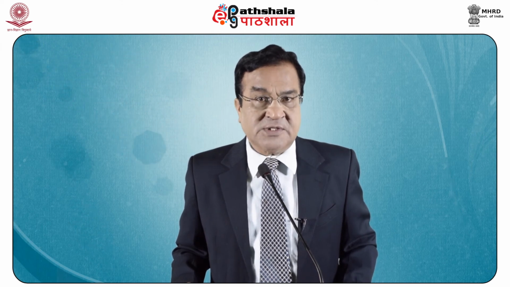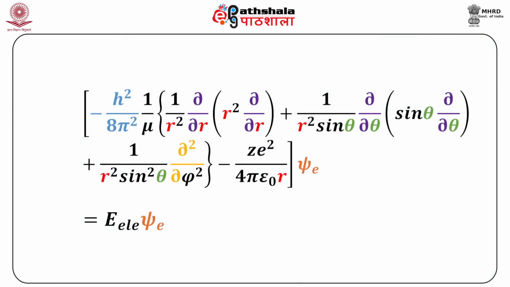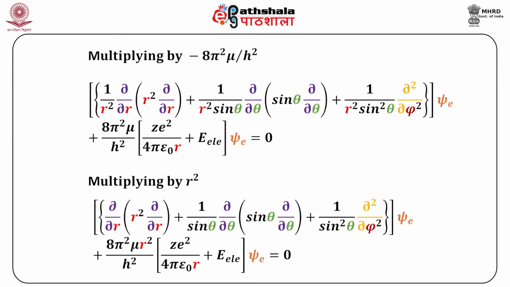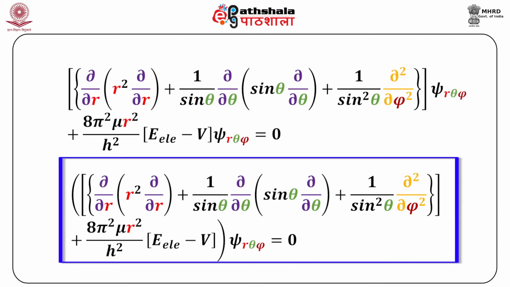Now if we make this substitution in our electronic Schrodinger equation and do some manipulations to simplify it, this ultimately leads us to this equation.